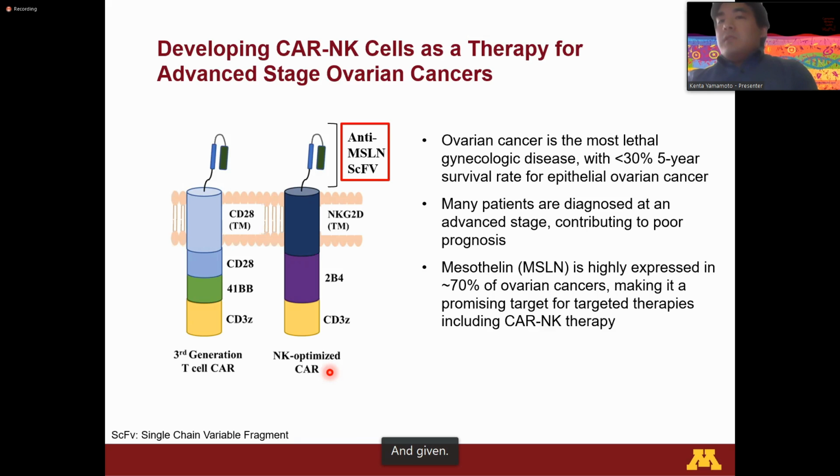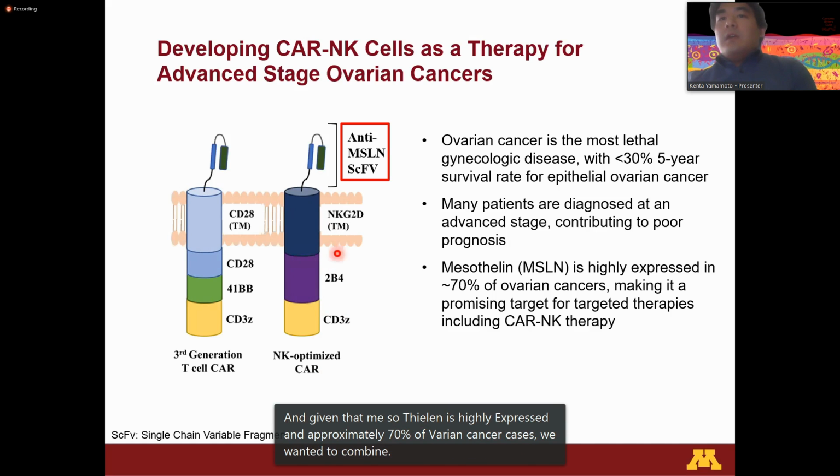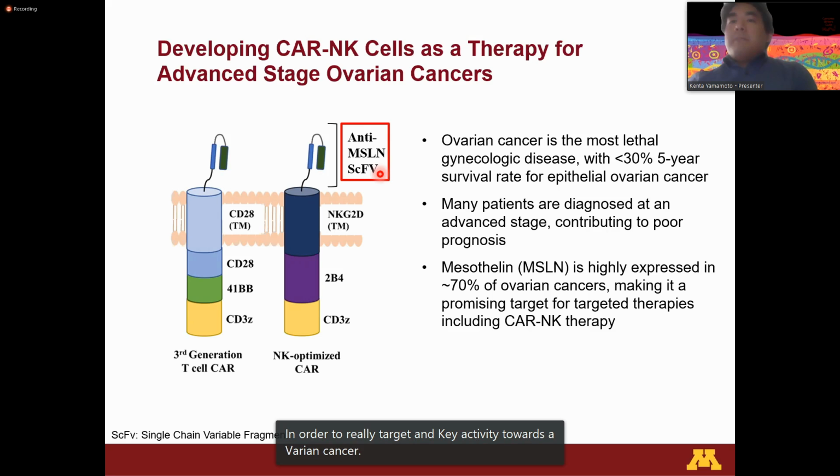And given that mesothelin is highly expressed in approximately 70% of ovarian cancer cases, we wanted to combine our optimized NK CAR architecture with an anti-mesothelin single chain variable fragment in order to retarget NK activity towards ovarian cancers.